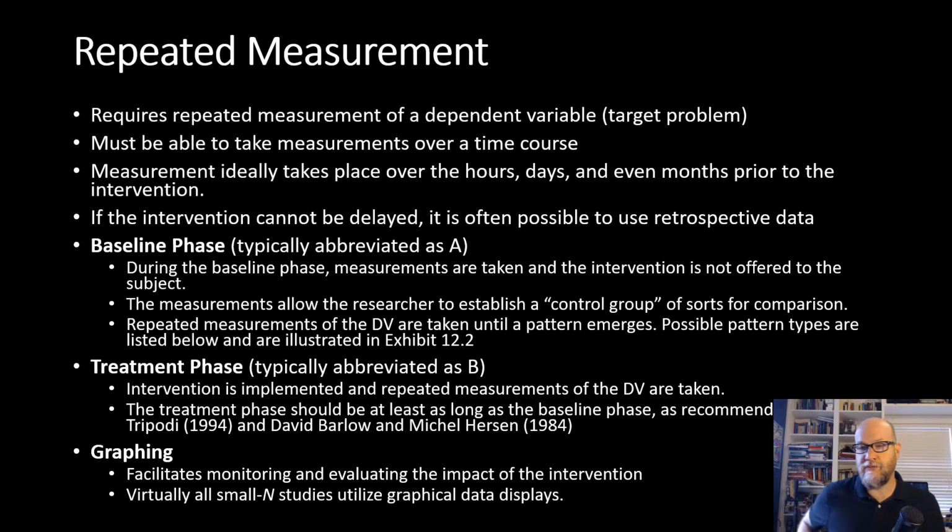So repeated measurement, let's talk about each of those four points in a little more detail. In terms of repeated measurement, the target problem is often the way this is referred to, but whatever it is, it's the dependent variable, it's the outcome.